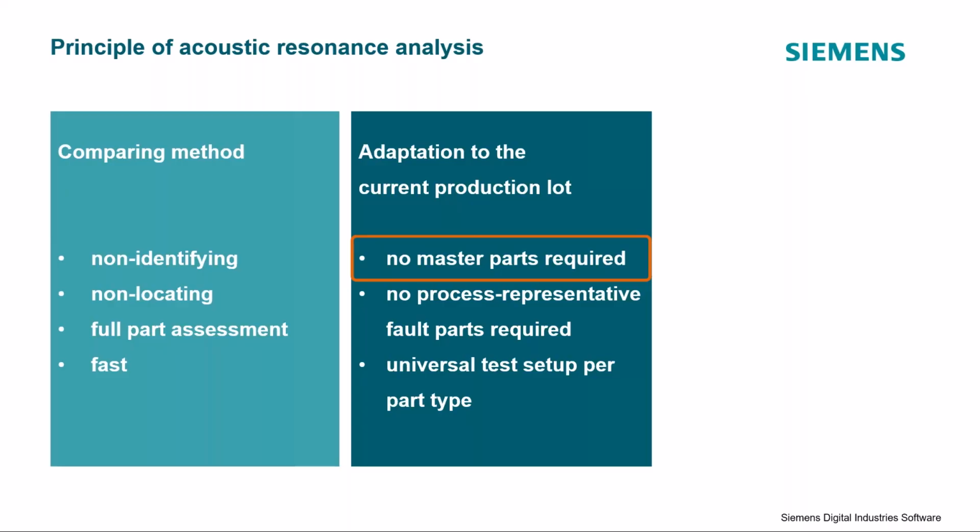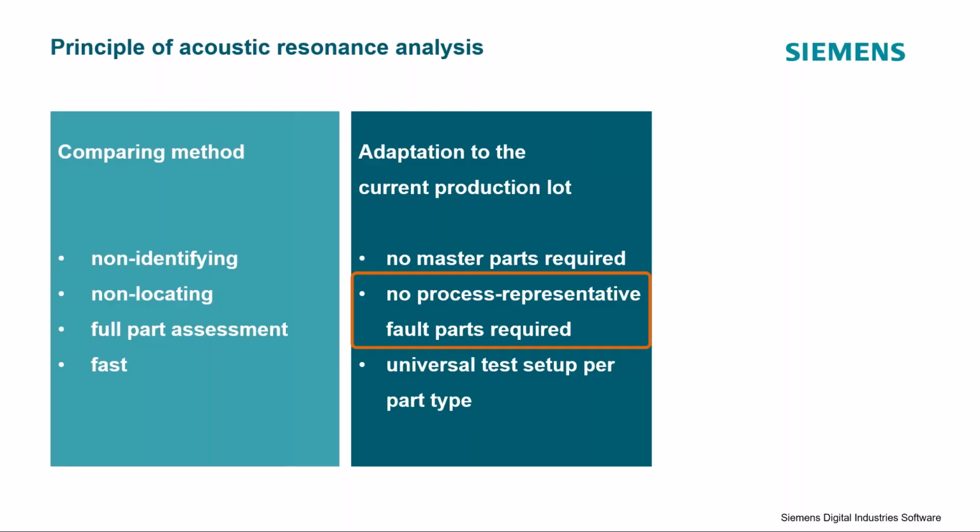It's not the item with which we compare. And much more important, we don't need process representative fault parts. Well, what should this be? Examples of all kinds of faults or defects that can occur or that have occurred. Nobody could provide this, especially not if a part is only produced in the future.